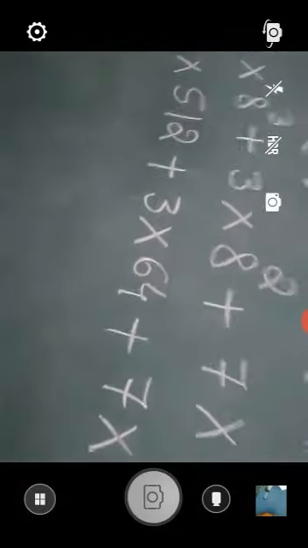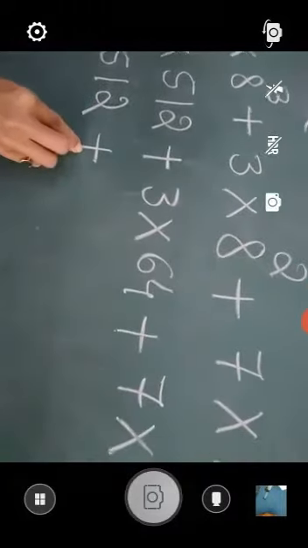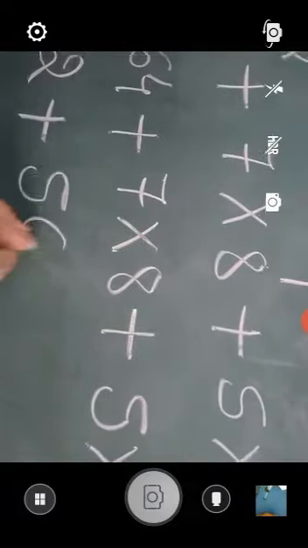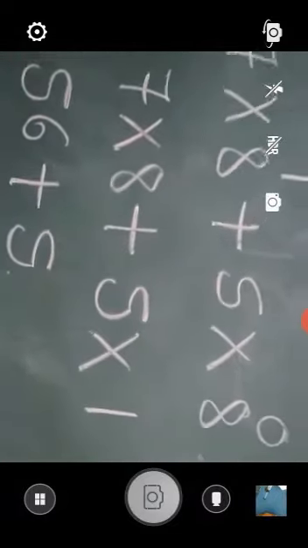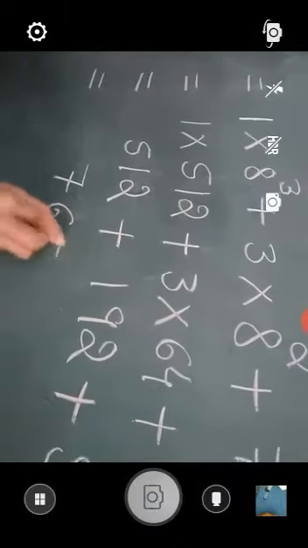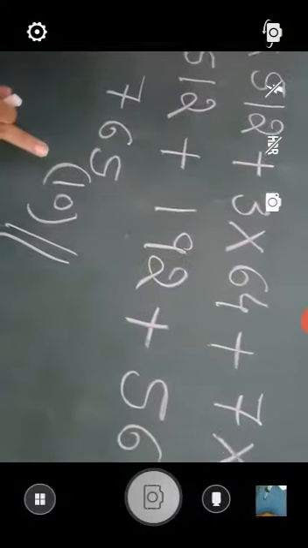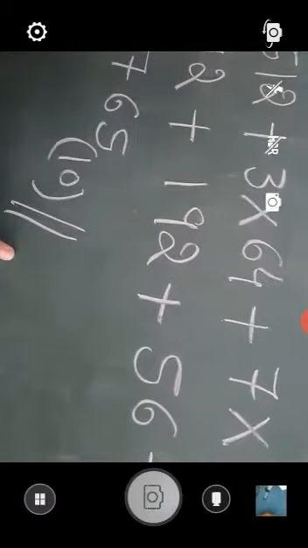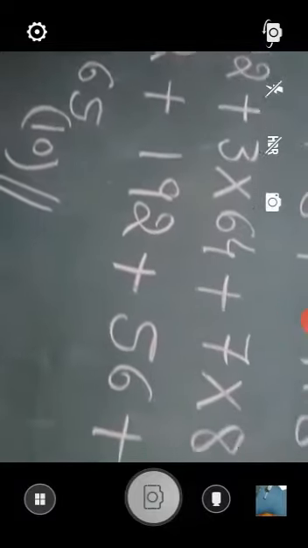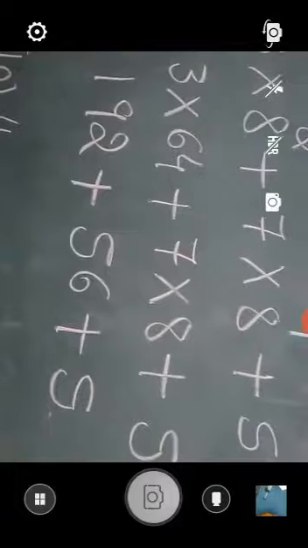Hence our final answer, after adding all the sum, we get 765 to the base 10. Okay, in this way we have converted from octal number system to decimal number system. We have converted binary number to decimal number system.